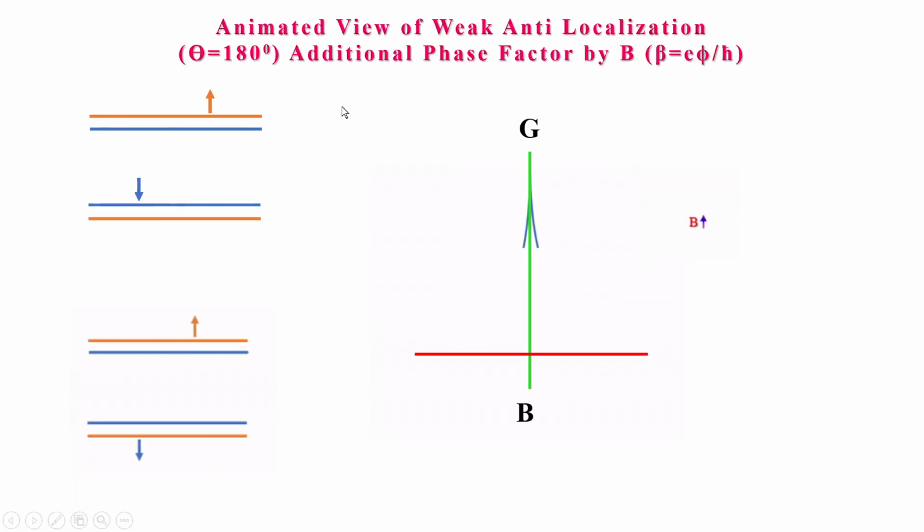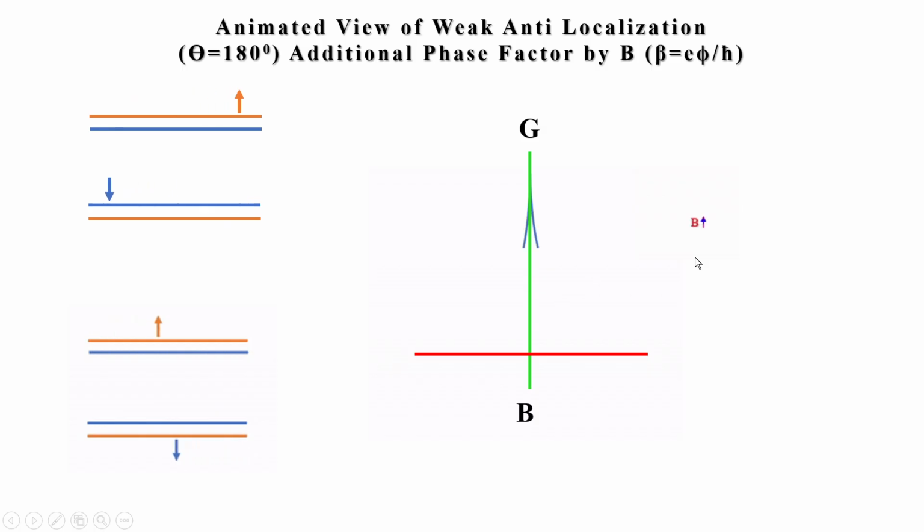And this is the animation view of the weak antilocalization signatures, when the electrons are in opposite phases with opposite momentum, and the phase factor is equal to pi, 180 degrees. Electrons with opposite spins are moving on the surface states in opposite directions, and they interfere destructively. An electron can reside in either the yellow state or the blue state, but at a certain time it can reside in only one state because they follow the Pauli exclusion principle.